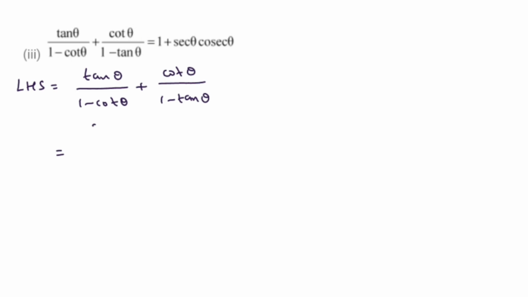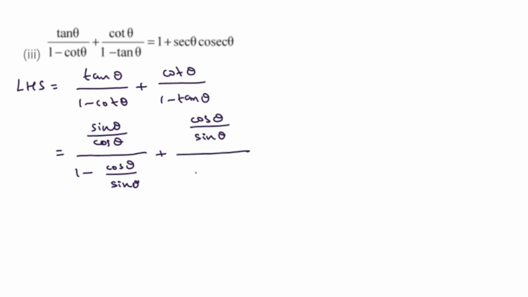Tan theta can be written as sin theta divided by cos theta, whole divided by 1 minus cot theta, which is cos theta divided by sin theta, plus cot theta, which is cos theta divided by sin theta, whole divided by 1 minus sin theta divided by cos theta.